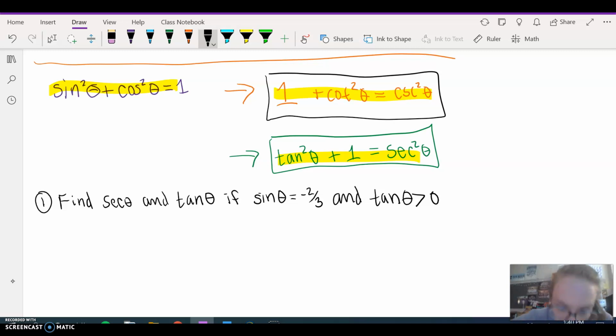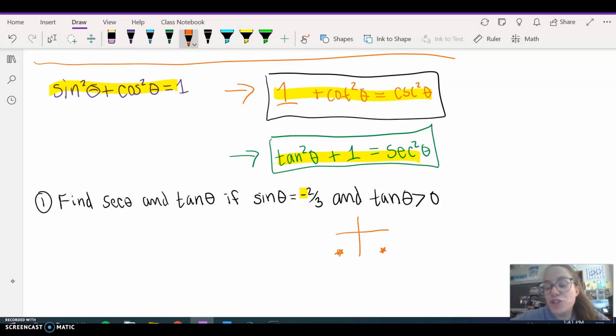So also we need to determine what quadrant we're in so that we know who's positive and who's negative, no matter what. If you're doing a triangle or not a triangle, you're always going to have to do that. So the quadrants, since sine is negative, that means it can only be the bottom 2 quadrants.